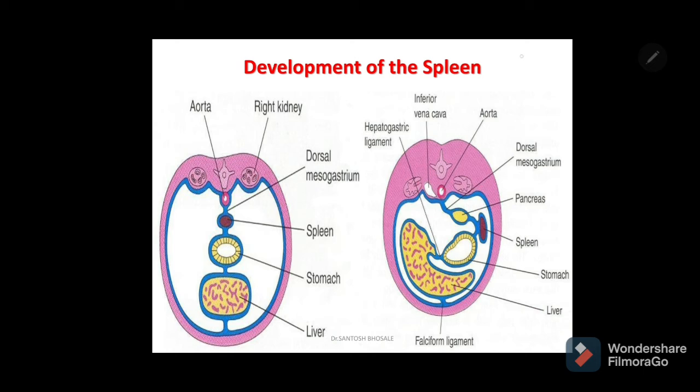You can notice it is in the median line during the development, along with the stomach and liver in the same line. Due to rotation, it goes and occupies the adult position, that is in the left hypochondrium.